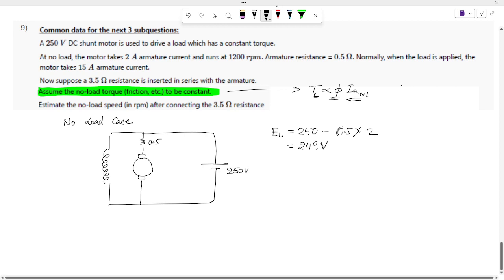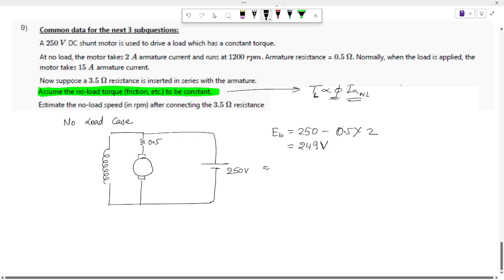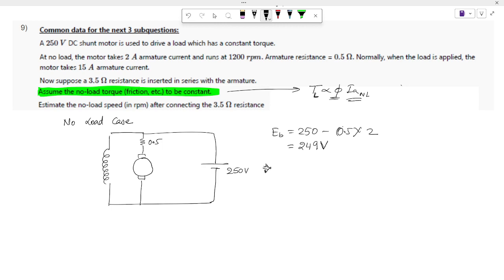Understood? Now they are asking: estimate the no load speed when there is 3.5 ohm resistance in series with the armature. Estimate the no load speed after connecting 3.5 ohm resistance.